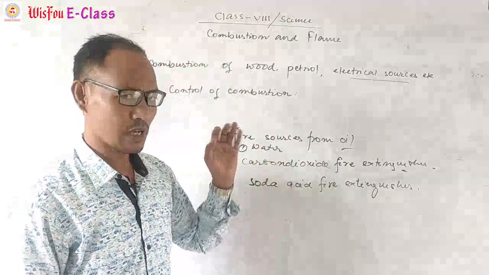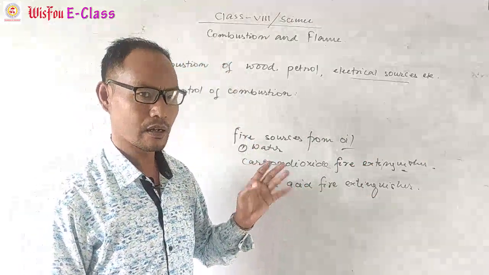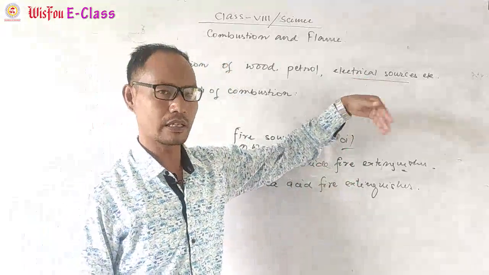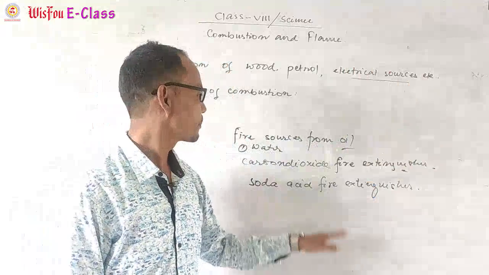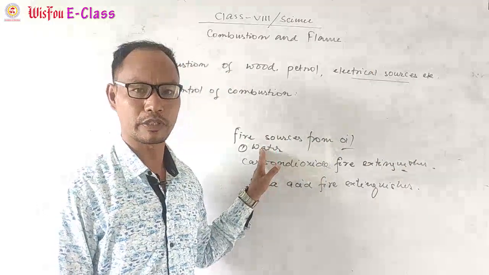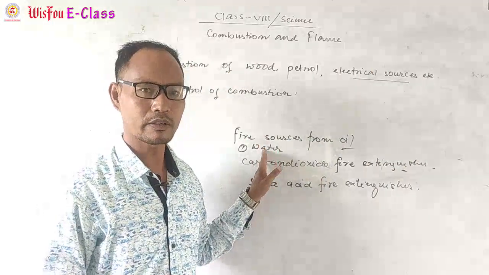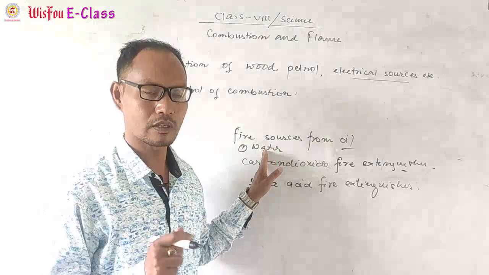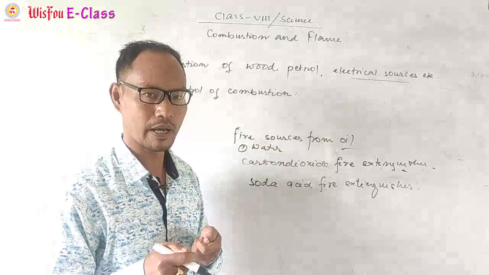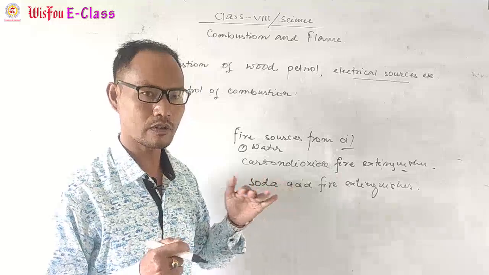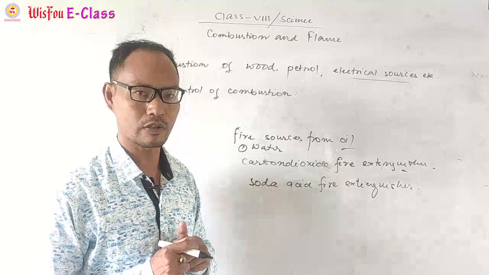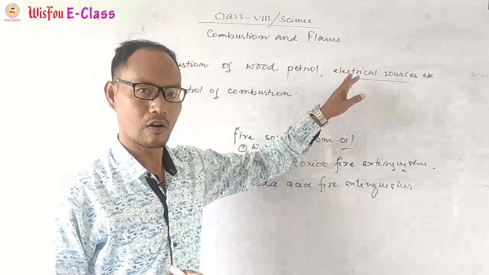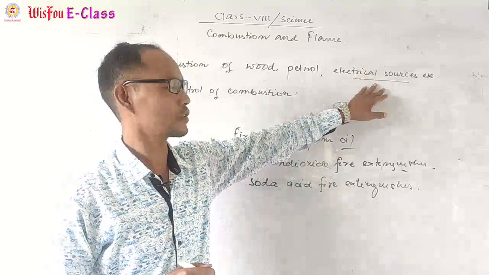So how do we control fire coming from electrical sources? In this case also, water cannot be used as a fire extinguisher because water is a good conductor of electricity. It may shock the people who hold the water pipe. That's why water is not used as a fire extinguisher to control fire from electrical sources.